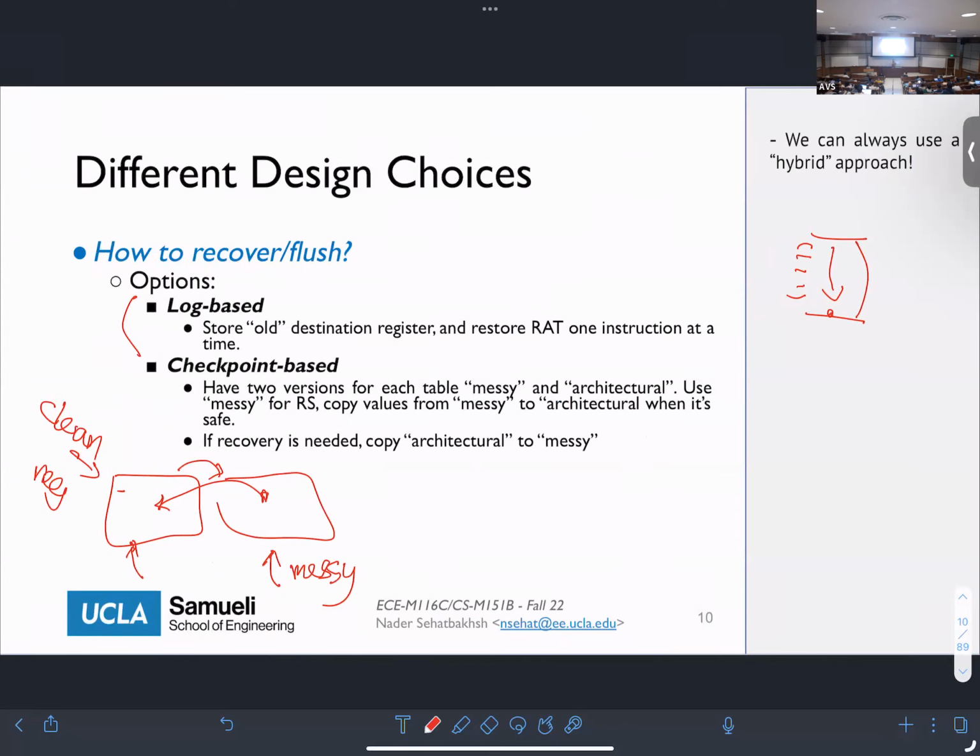From this point that I have a branch, I'm just going to carelessly update my messy, but I'm not going to touch my clean register file. And then if something bad happens, I can always copy from my clean to my messy. If nothing bad happens, I can just continue, create a new checkpoint from messy to clean and move on. The interesting thing about this is that we put the recovery phase into the background.